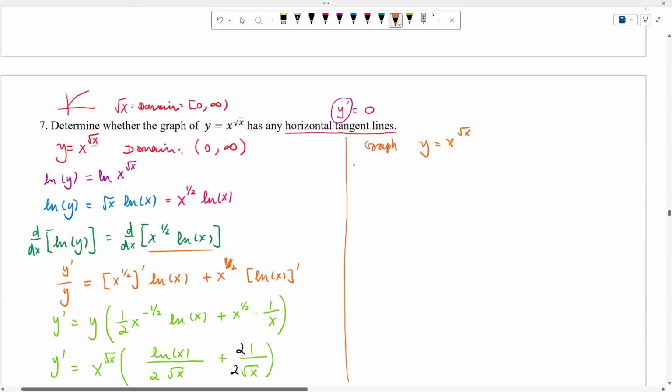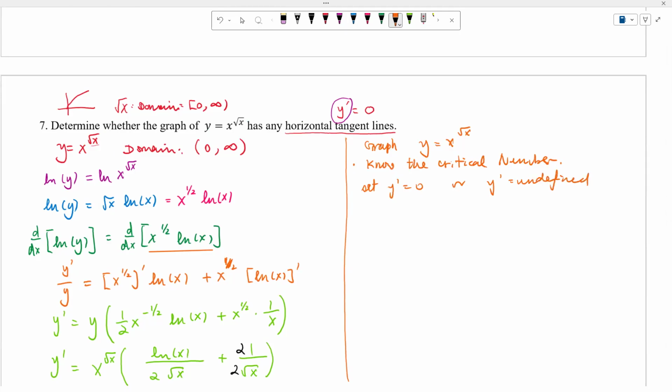First of all, we know the critical numbers. Remember how we find critical numbers? We could either set y prime equal to 0, or y prime is undefined, or does not exist.